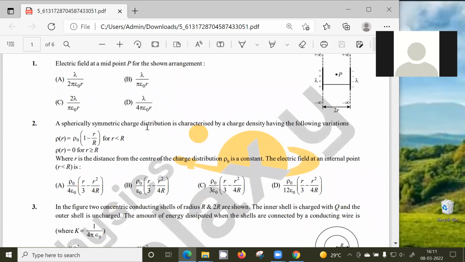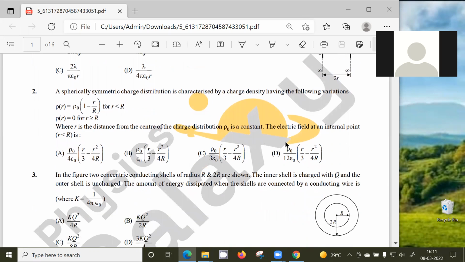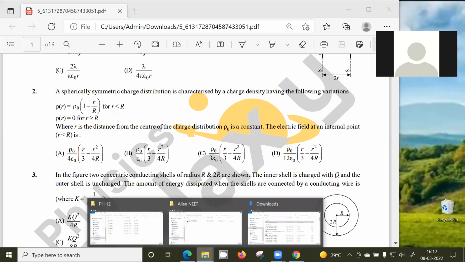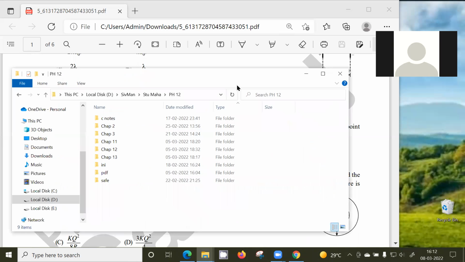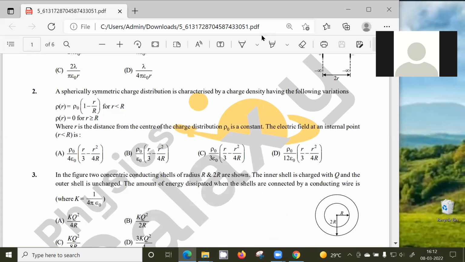This one, secondly. This is also very trivial. Symmetrical charge distribution. Rho is what, sir?